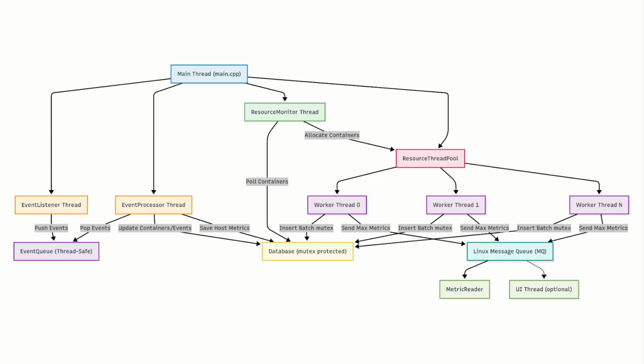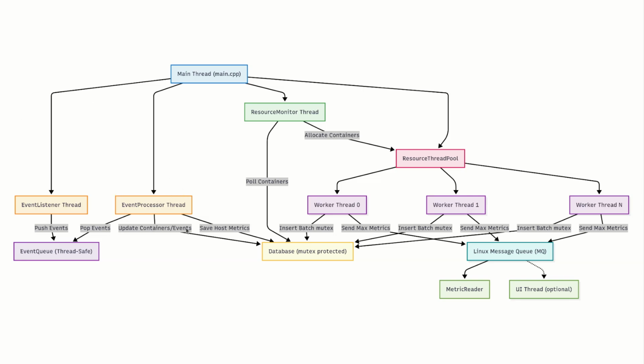The event listener tracks this event and records the creation of the container along with the name, the container ID, and the state of the container, whether it is started, stopped, created, whatever it is, and it saves it in the database. Now this is a separate thread.